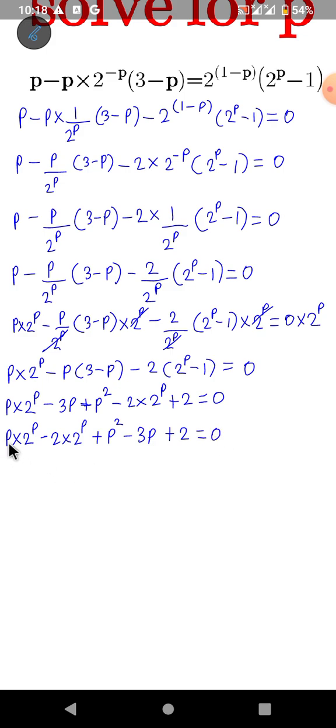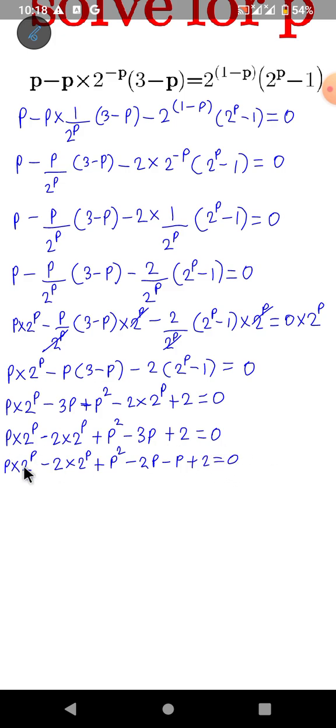Then we continue again. This is p multiplied by 2 raised to the power of p minus 2 times 2 raised to the power of p plus p square. Now this minus 3p can be written as minus 2p minus p, then plus 2 equal to 0.